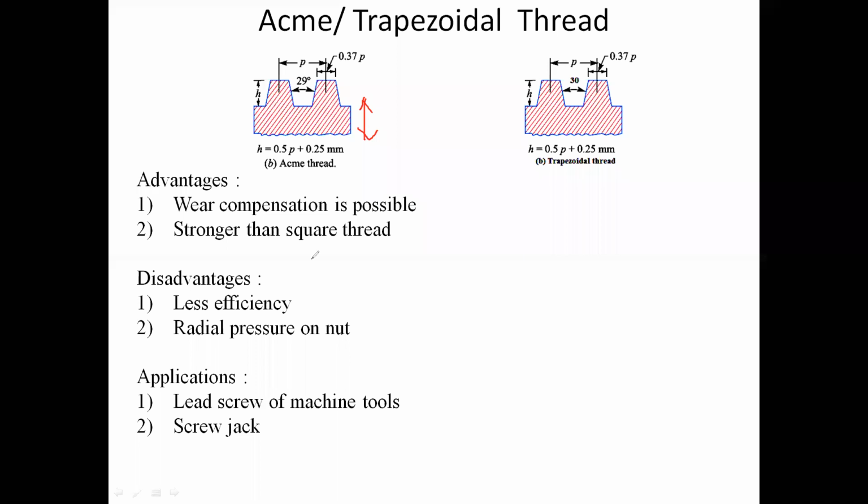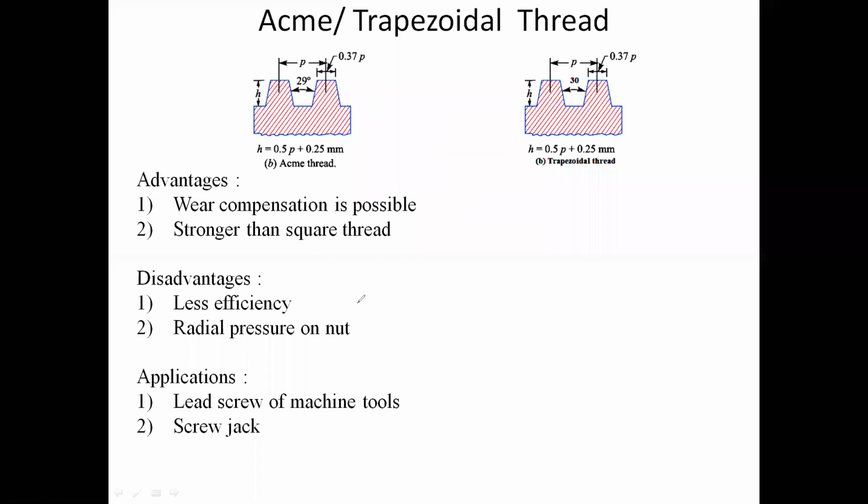So radial pressure on the nut is the disadvantage. It has less efficiency as the complete force is going to resolve by some means. The radial pressure is not that much, but there is a radial pressure. So that is the disadvantage of these two types of threads.